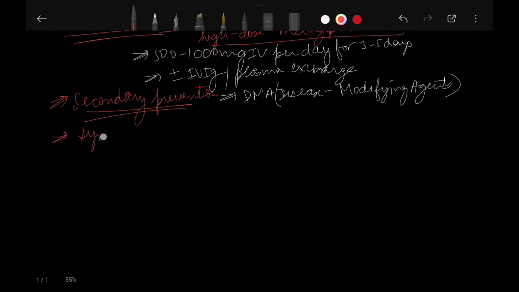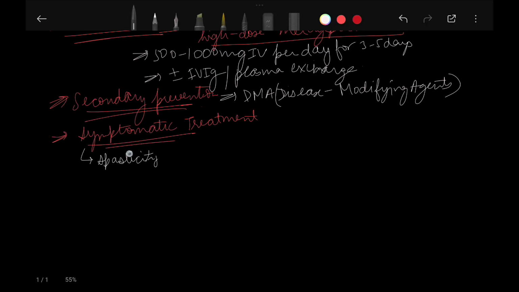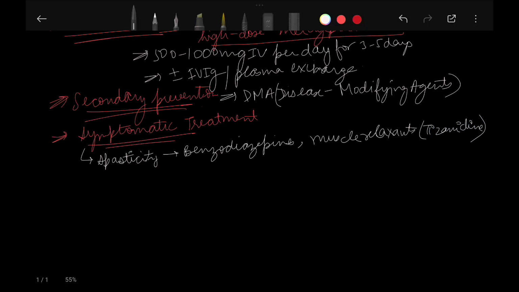And in case of symptomatic treatment, for spasticity, benzodiazepines and muscle relaxants are given.